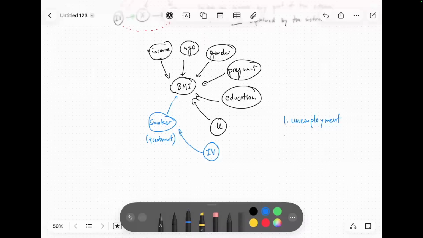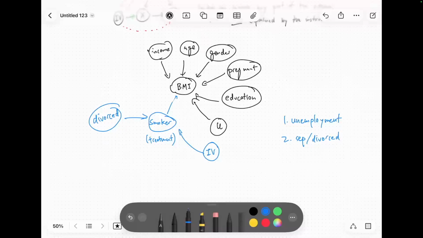Okay, how about if you are separated or divorced? That could plausibly affect how much you smoke, right? Good instrumental variable. I see you shaking your head.